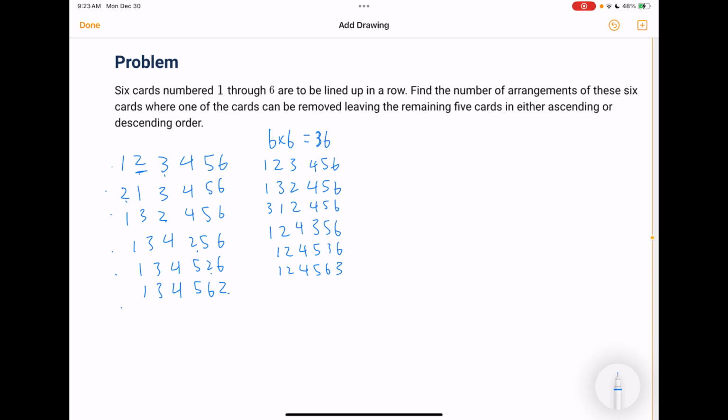Okay, so I just moved 3 to each of the places, so now we have 6 more. But we see that the first thing that repeated was simply the most basic one, 1, 2, 3, 4, 5, 6. And so instead of going through each number, we can first do 36 minus 5.